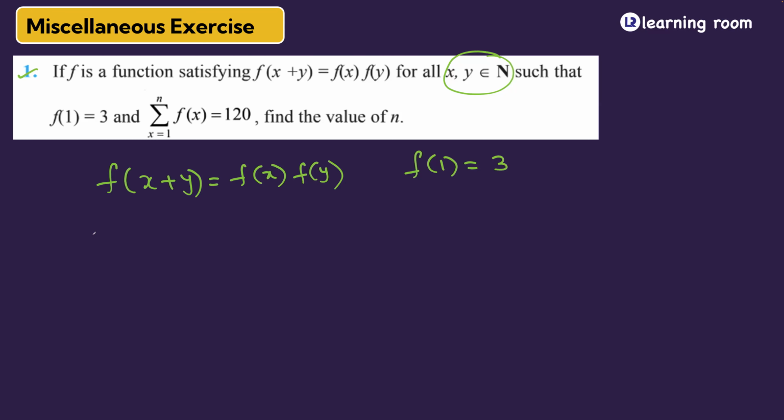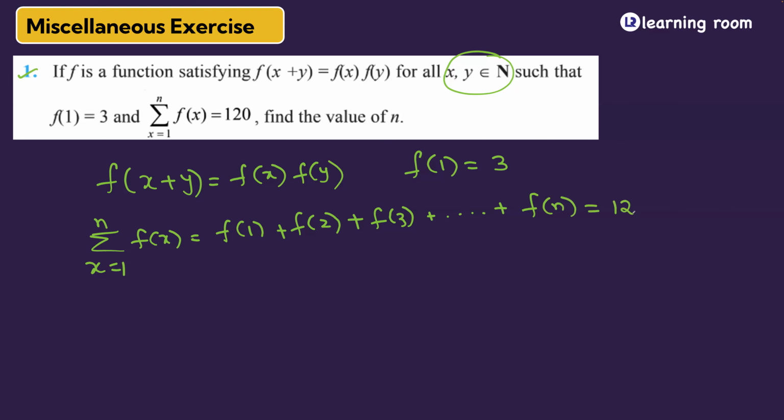When they say sigma x equals 1 to n of f of x, it means f of 1 plus f of 2 plus f of 3 and so on till the last term, f of n, equal to 120. Am I clear with this?